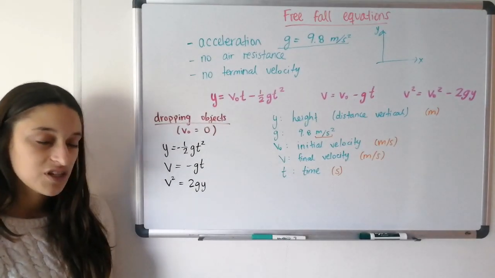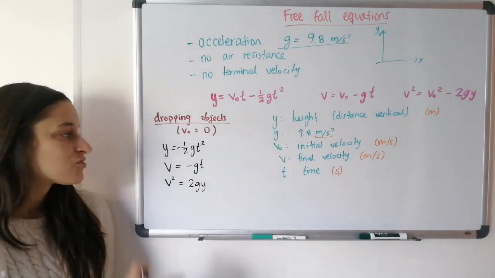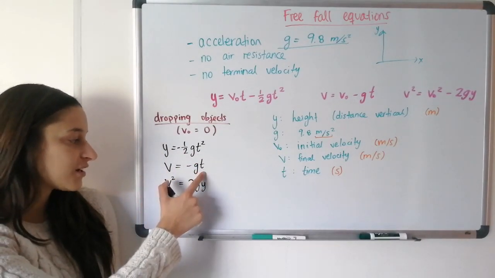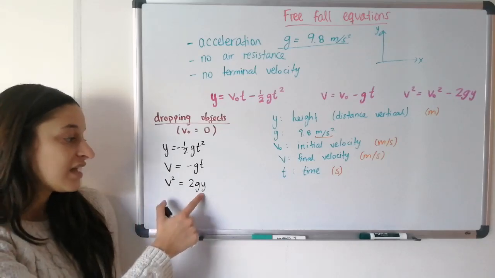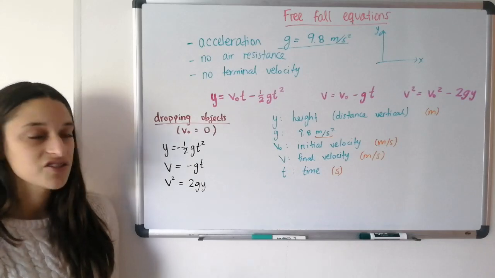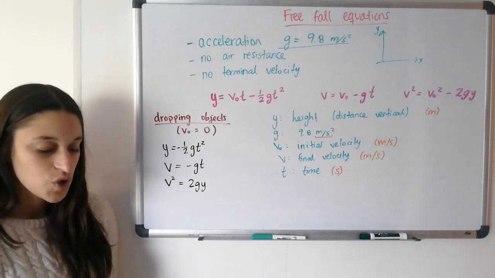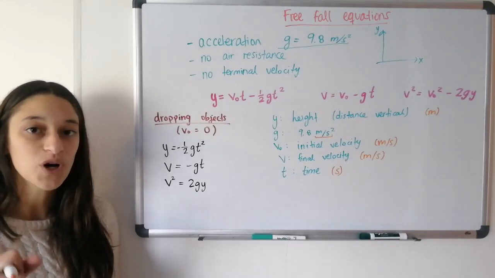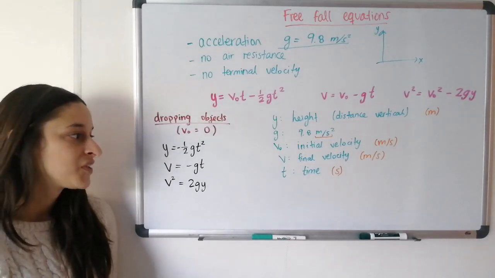Notice that each one of the equations has two variables. So this one has height and time. This one has final velocity and time. And this one has final velocity and distance. And all of them have g, 9.8, but because it's a number, it's not a variable. So in each exercise that you're going to do in the worksheet, I'm going to give you one variable and ask you for another one.